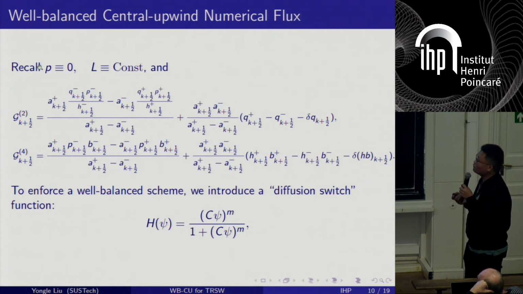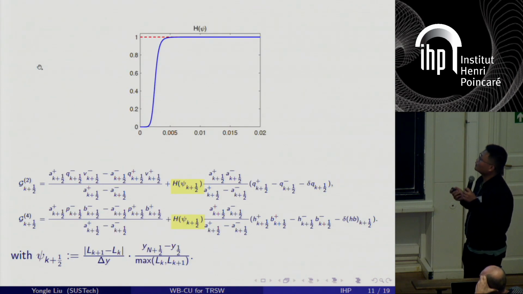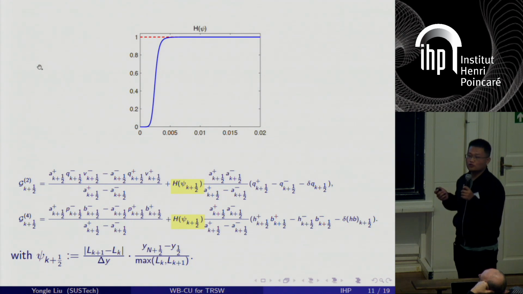So we want to enforce our scheme to be a well-balanced scheme. We introduce a diffusion switch function, h of psi. In this figure, we plot the profile of the switch function h. From this figure, we can see that if psi is very small, then h is 0, which means the switch is off.